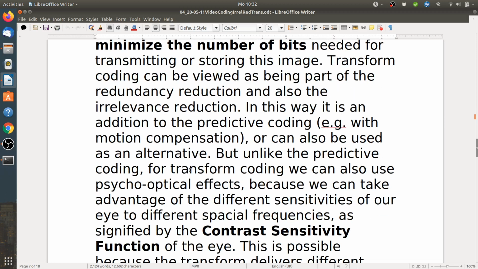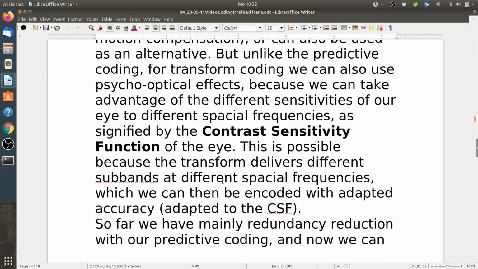But unlike predictive coding, for transform coding we can also use psycho-optical effects, because we can take advantage of the different sensitivities of our eye to different spatial frequencies as signified by the contrast sensitivity function of the eye. This is possible because the transform delivers different subbands at different spatial frequencies, which can then be encoded with adapted accuracy, adapted to the contrast sensitivity function.